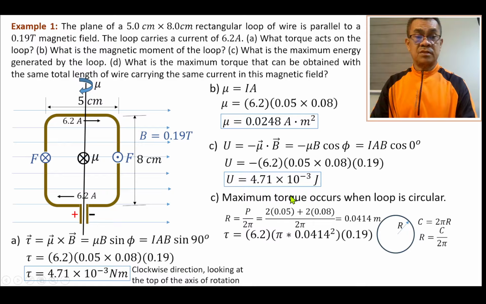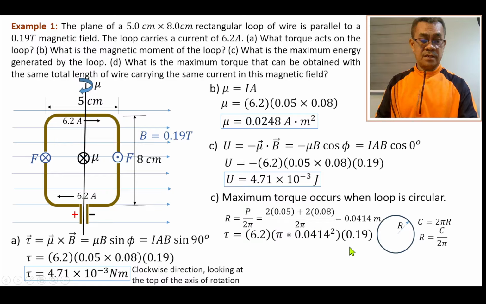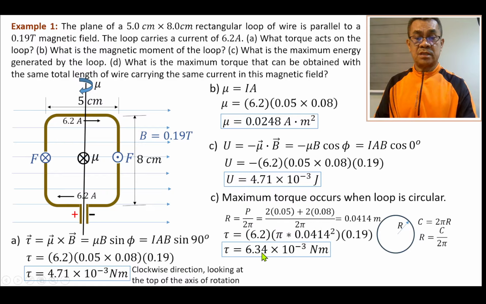Then substitute in the formula, the torque, current times the area of the circle times the magnetic field, then the answer is 6.34 times 10 to the negative 3. Compare this with the previous. In a rectangle, with the same length of conductor, the torque is 4.71 times 10 to the negative 3, while this one is 6.34 times 10 raised to the negative 3.